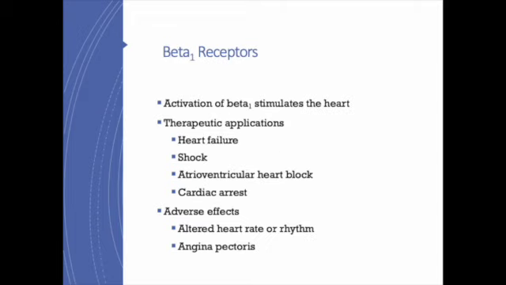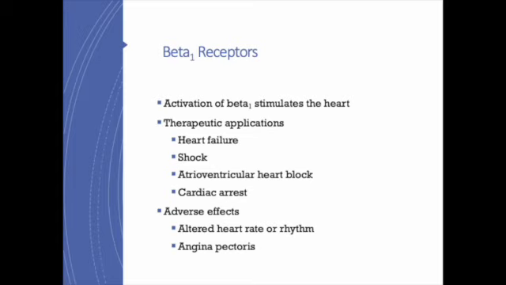The beta 1 receptors. It's important and clinically relevant to understand the difference between beta 1 and beta 2. We can use it therapeutically for heart failure. With heart failure, we're going to have a reduction in the force of contractility and, as a result, a decrease in cardiac output.